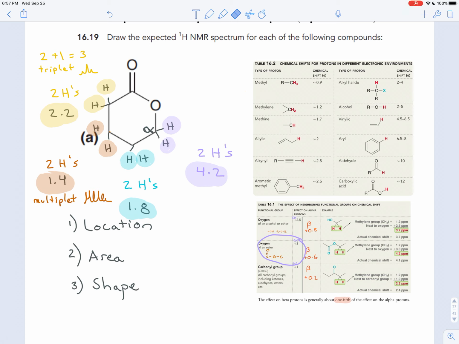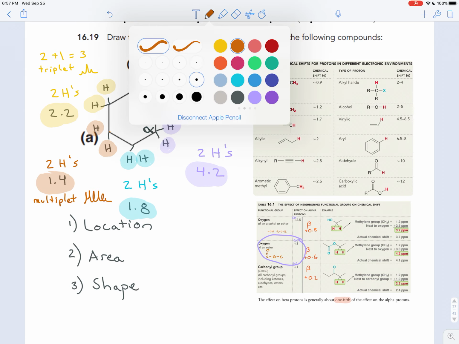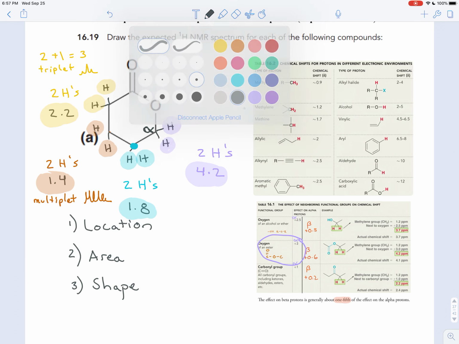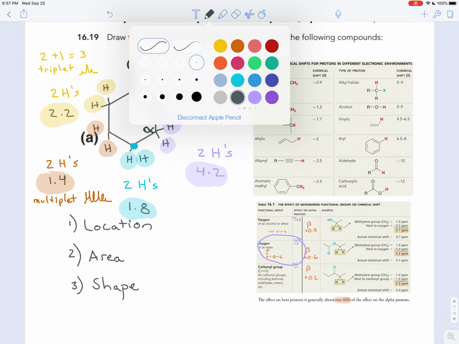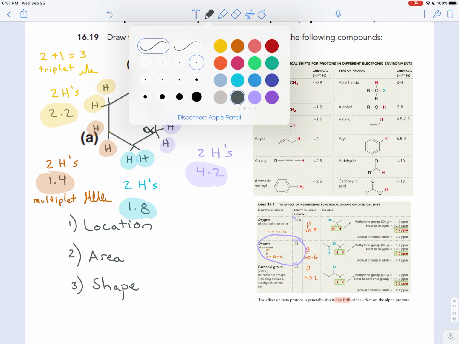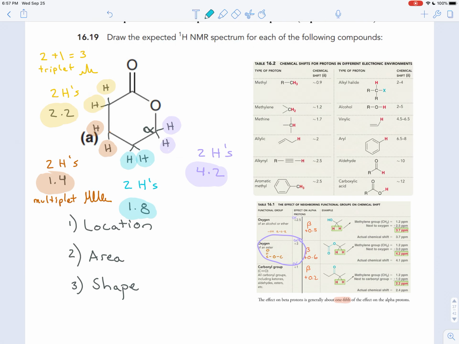Okay. For the blue hydrogens, this is the atom they're attached to, and then we'd look at the atoms next door. Now, to the left, we have a carbon with 2 hydrogens attached. To the right, we have a carbon with another 2 hydrogens attached.